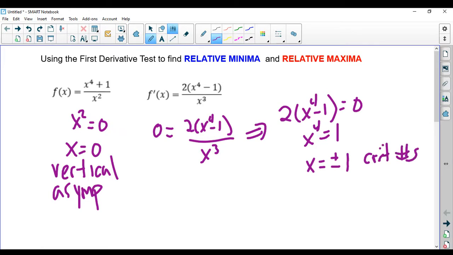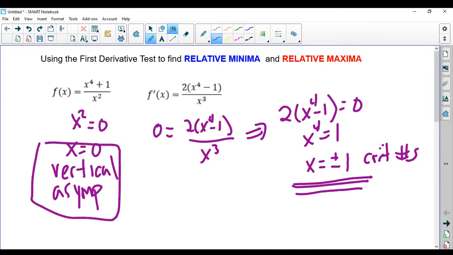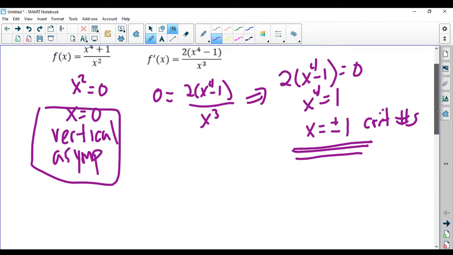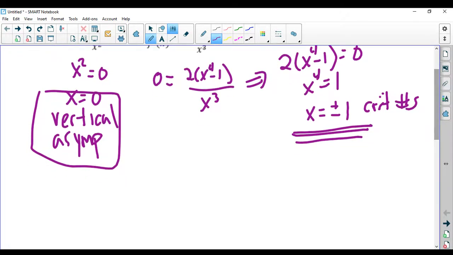So when we make our chart to see where it's increasing and decreasing, we need to use both critical numbers, but you always also have to use the vertical asymptote. So I'm going to draw my number line just like before.